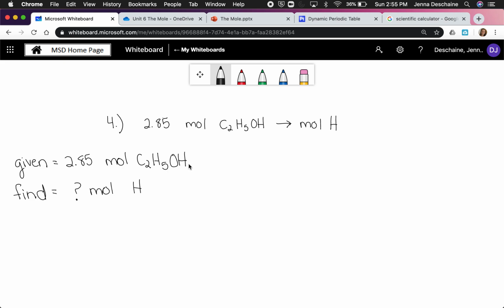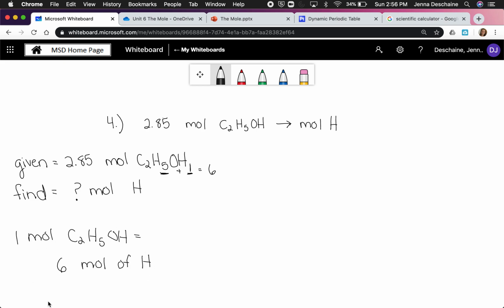So there's technically an invisible 1 right here, all right? So there's 5 hydrogen right here. There's also 1 right here. So I just need to add those together, and I actually have 6, okay? So that means my conversion is going to be for every mole of alcohol, I have 6 moles of hydrogen.